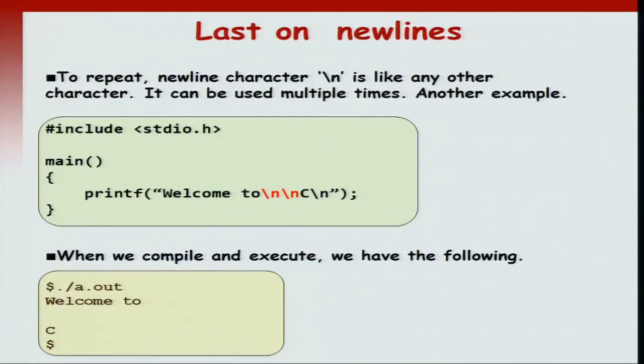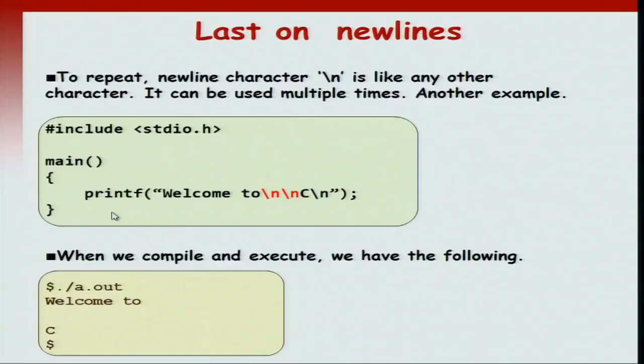Let us conclude by saying one more thing about new lines. The new line character \n is like any other character, and you can use it multiple times even within a single message. For example, if I do the same program, but let us say I have welcome to \n C \n.